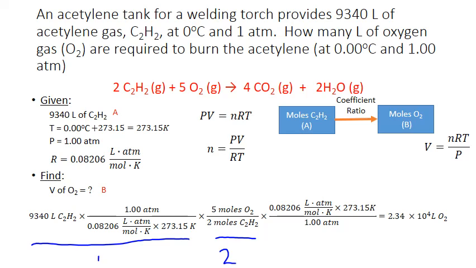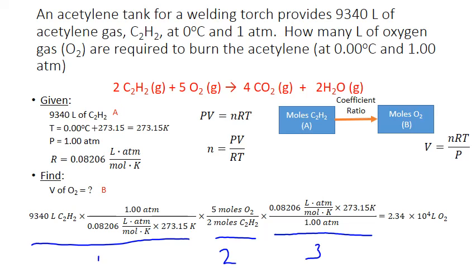And we took then the moles of oxygen that we got from this conversion and applied that to our volume calculation for oxygen by multiplying by the ideal gas constant times temperature and divided by pressure. And this was our step 3. So this doesn't show each individual step answer along the way, but the math would be exactly the same.